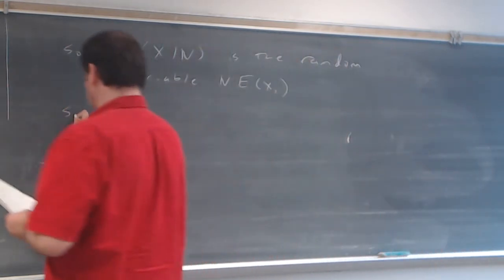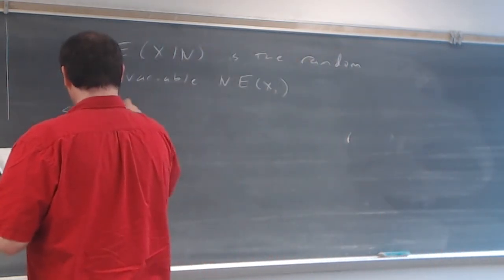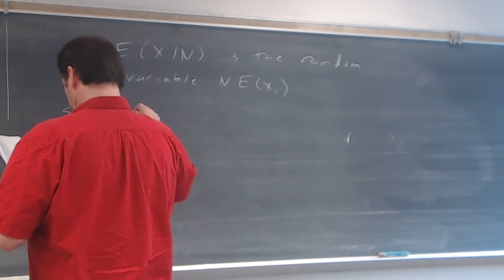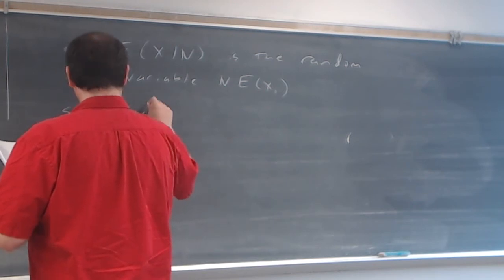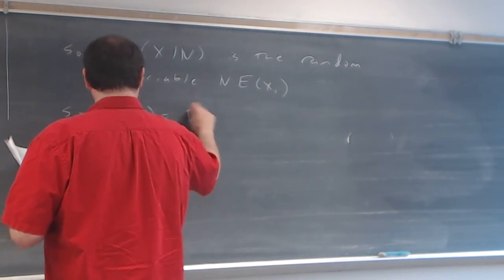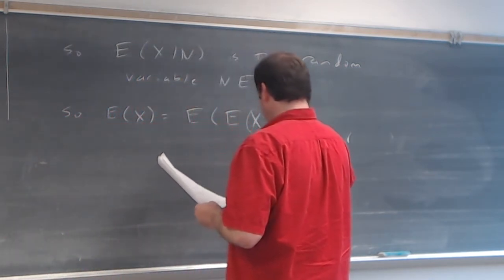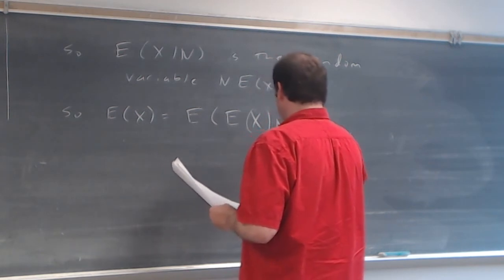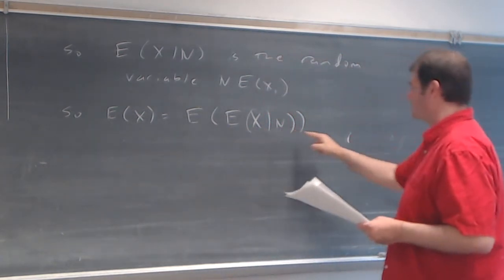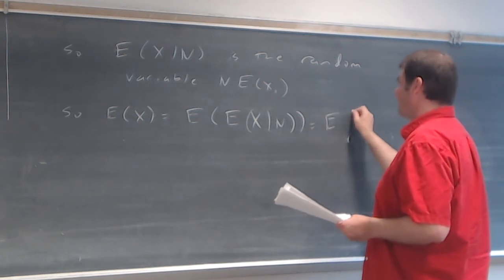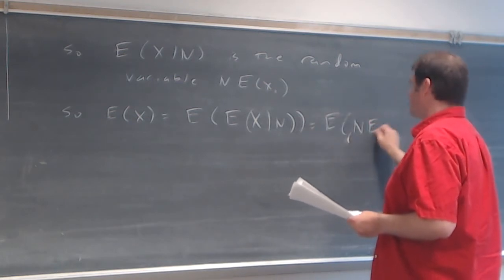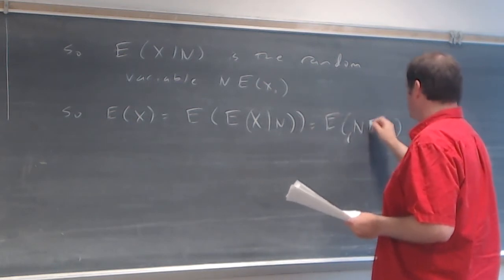So the expected value of x, which is what we're looking for, is the expected value of the expected value of x given N. We know what the expected value of x given N is. That's going to be the expected value of N times the expected value of x sub 1.